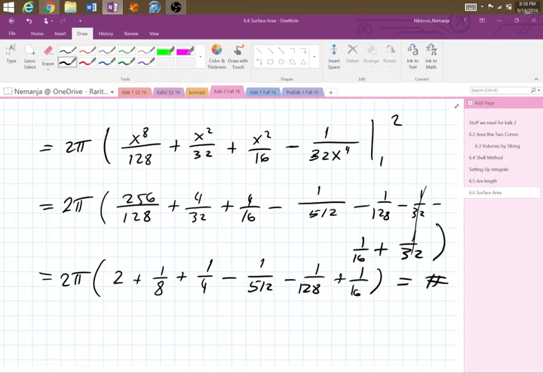So, FOIL, we get 2 pi integral 1 to 2, and then now we are going to have x to the 7 over 16, plus x over 16, right, because x to the 4, and then cancel with x to the 3 is x, and then 2 times 8 is 16.